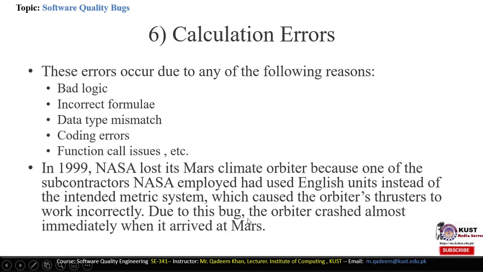And due to this bug, the orbiter crashed almost immediately when it arrived at Mars. For example, at the ground sites they thought there was still a long distance, but the orbiter provided its output in English units, feet or yards.